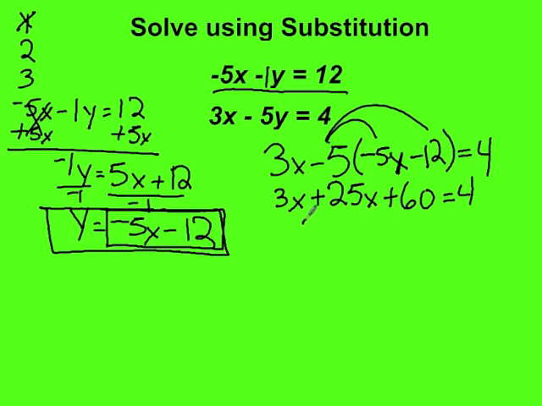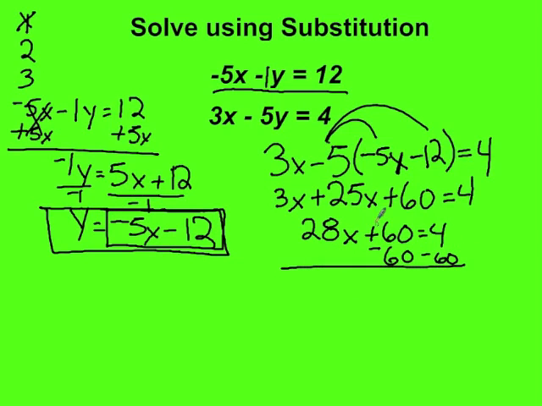3x plus 25x is 28x plus 60 equals 4. Subtract 60 from both sides. Those cancel out. We get 28x equals -56.